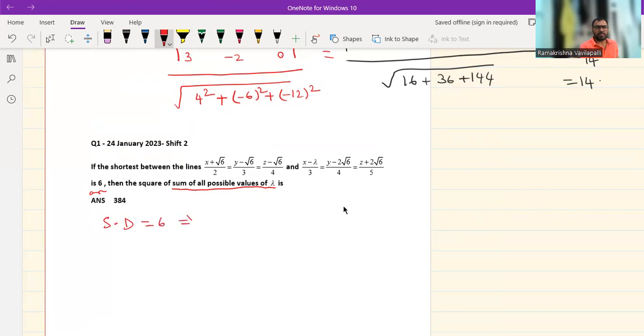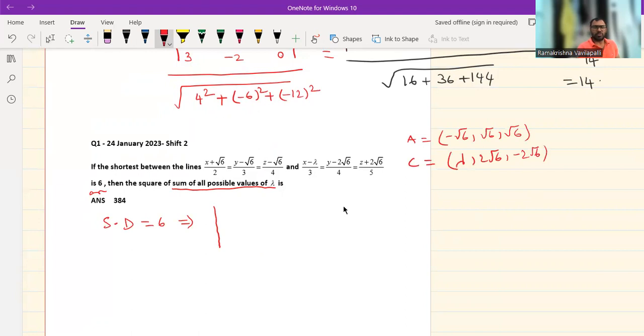So this implies determinant of, here you write what is the first point, A equal to minus root 6, again root 6. See that x coefficient, y coefficient, z coefficient are 1. And the second point is lambda, 2 root 6, minus 2 root 6.